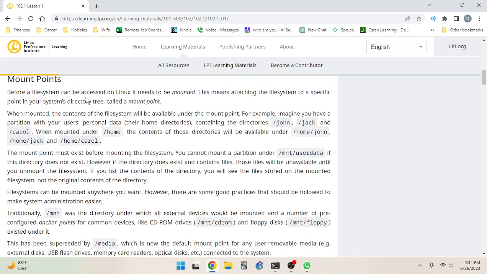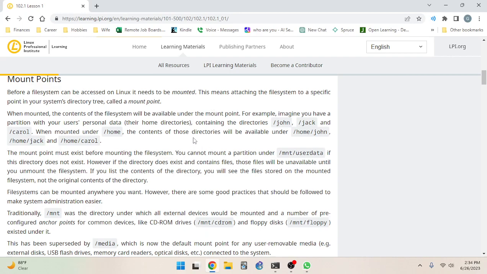Mount points. Before a file system can be accessed on Linux, it needs to be mounted. This means attaching the file system to a specific point in your system's directory tree called a mount point. When mounted, the contents of a file system will be available under the mount point.